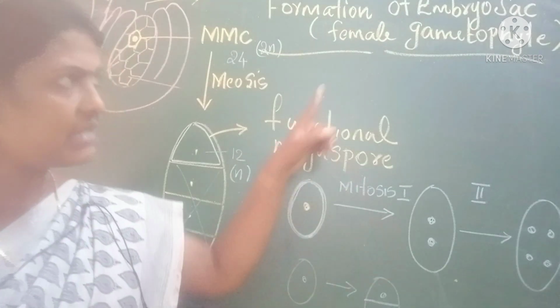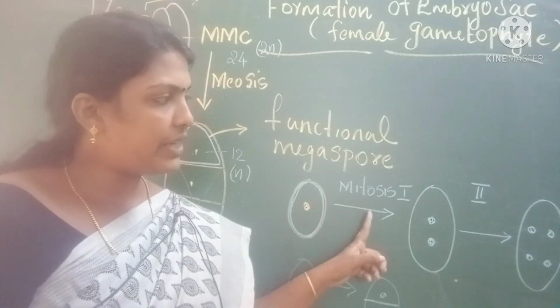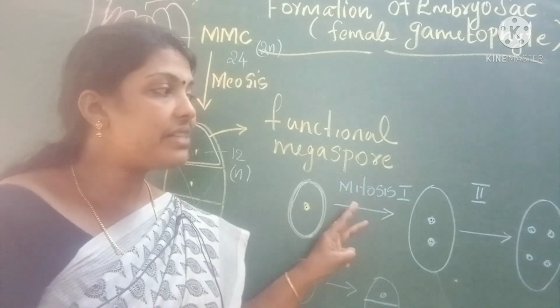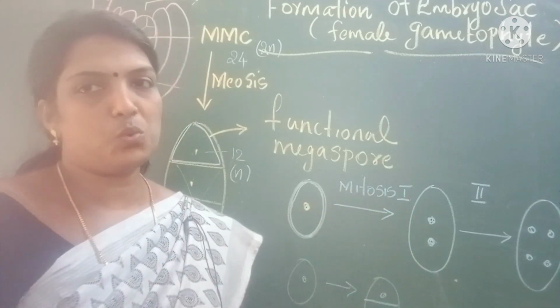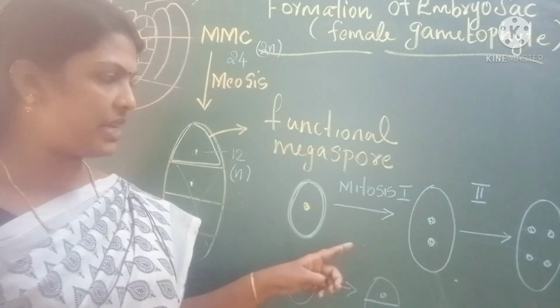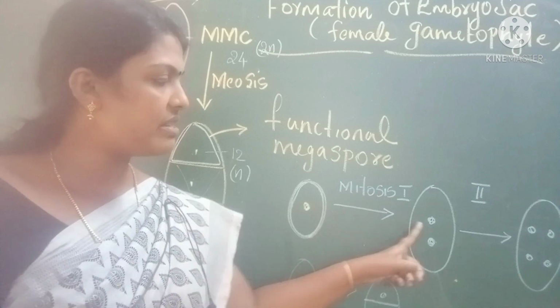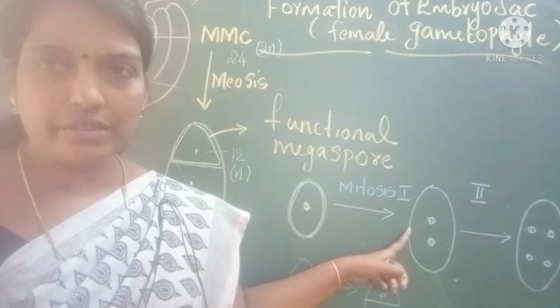But here in the formation of the female gametophyte, this megaspore will undergo 3 mitotic divisions, but there is no cell wall formation immediately after the nuclear division. So here you can see first this megaspore, the nucleus is dividing into 2. The nucleus is dividing but the cytoplasm is not dividing.